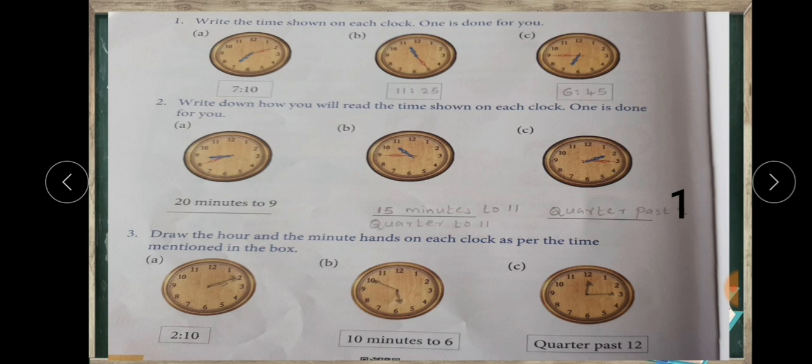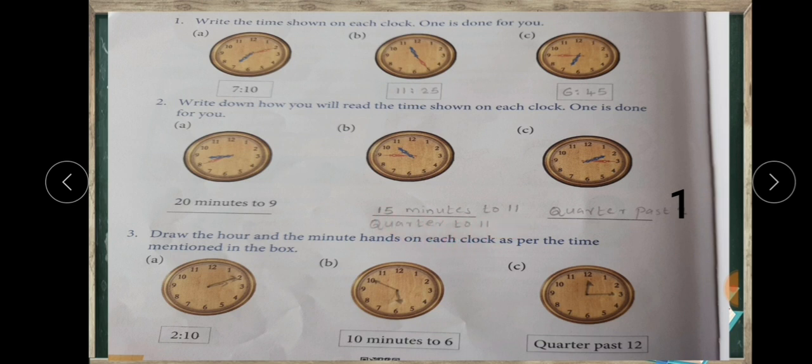In the same way, in the second clock, the hour hand is in between 10 and 11 and the minute hand is on 9. So it is 10:45. We can read the time as 15 minutes to 11 or quarter to 11.